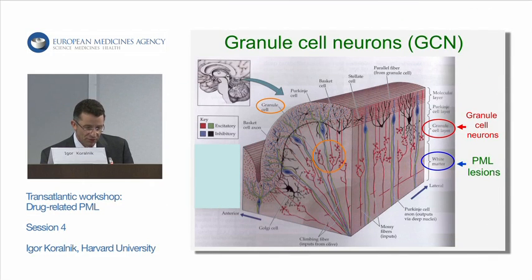And just to remind you, if you don't look at this every day, the cerebellum has white matter, then a granule cell layer, which is formed of granule cell neurons, interneurons, and then you have Purkinje cells and a molecular layer on the surface. And you would expect to find PML in this area of the white matter, but not in this gray matter area formed mainly of neurons.